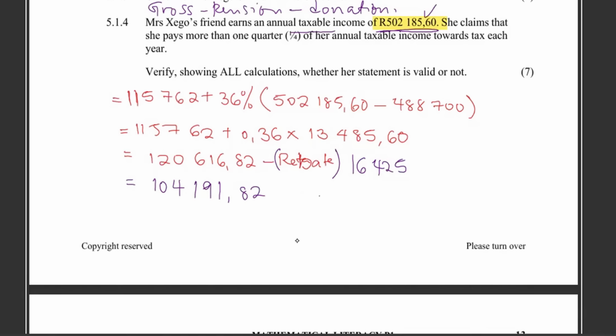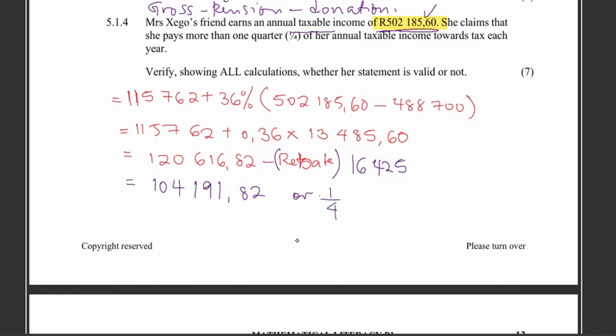So at this moment, remember the claim. She claims that she pays more than 1/4 of her annual taxable income towards the tax each year. So we need to find out how much is that quarter of her tax.